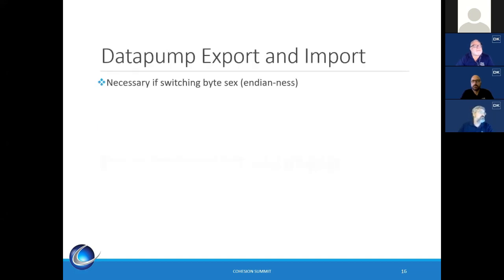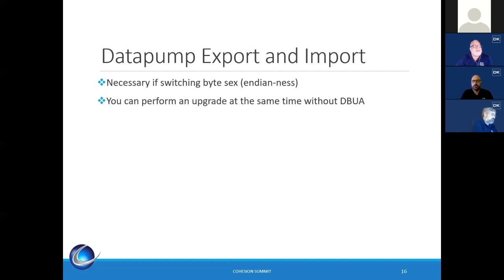Data Pump. If you've got a situation where you have to change platforms, for example going from AIX or Solaris to Linux, you're going to have to use Data Pump at some point anyway. If you want to do an upgrade without going through DBUA, you can do this by way of Data Pump.